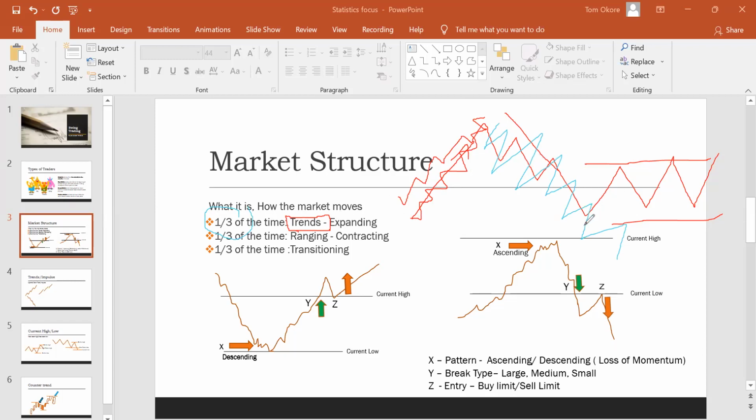Then when the market gets to a point where it is consolidating, sometimes they call it ranging or contracting. For the purposes of our course, we shall call this a red zone, basically a no-go zone.